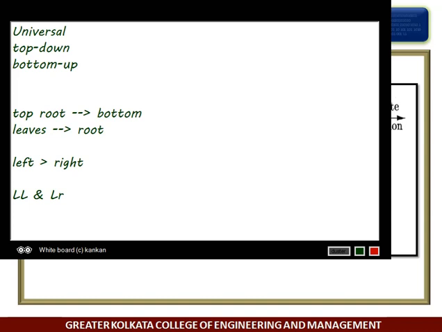Parsers implemented by hand often use LL grammars. For example, the predictive parsing.